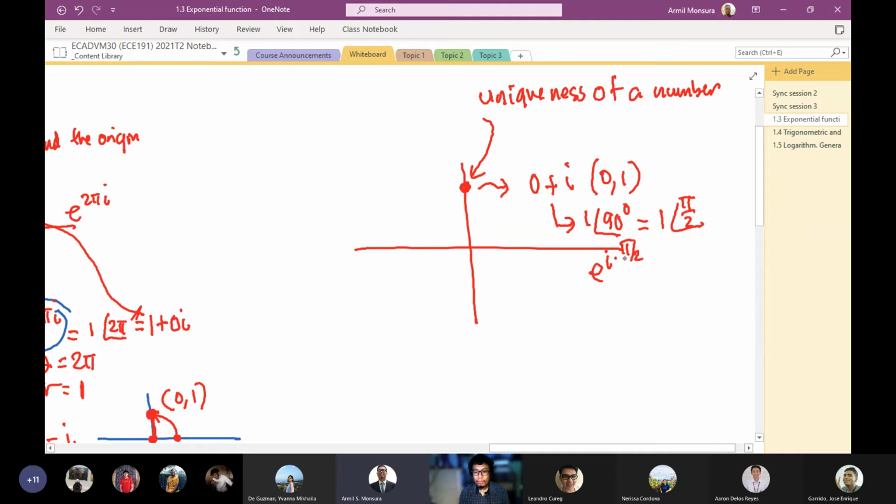Now, the thing is that this is not the only expression that would result in this location. Kasi alam natin na this number would actually point to this location or to that location.